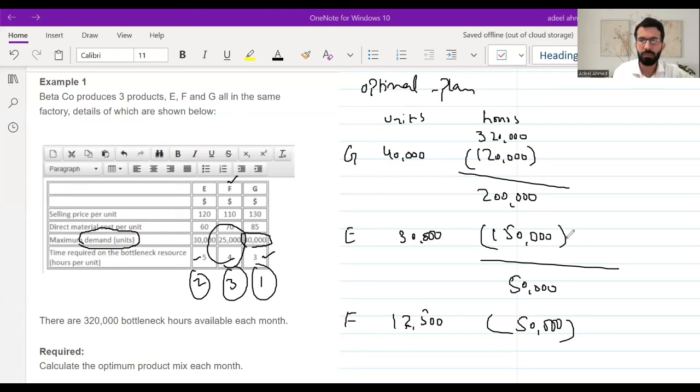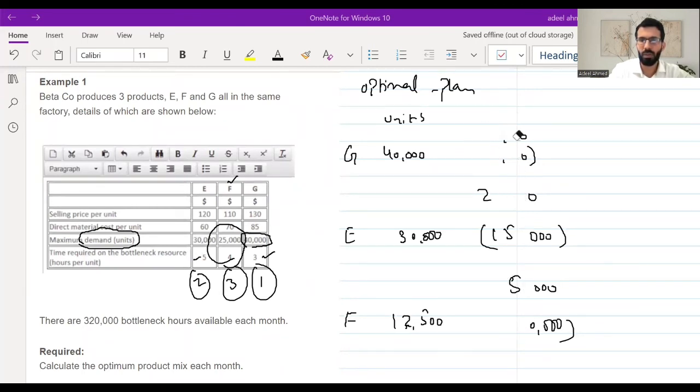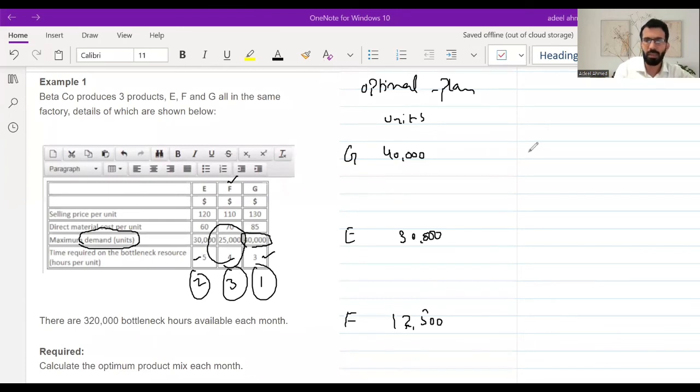Following on, based on this, we can also calculate our total throughput, and hence the profitability could also be calculated. So let's say if I would want to calculate the total throughput from my optimal production plan, because I already have the throughput per unit and the number of units are also available, simply I would need to multiply the throughput of each unit with the total number of units we have in the optimal production plan.